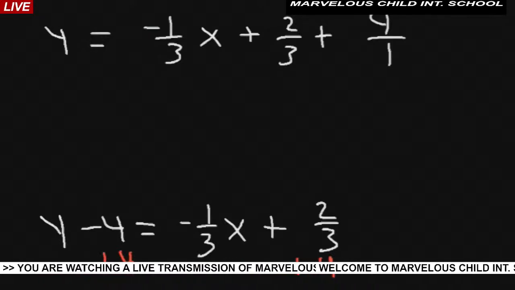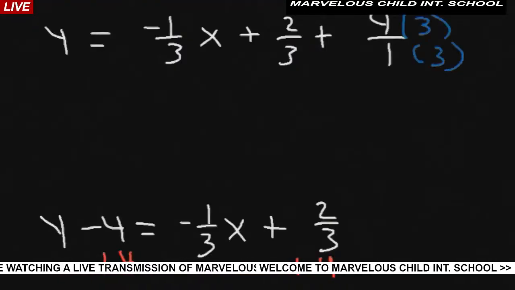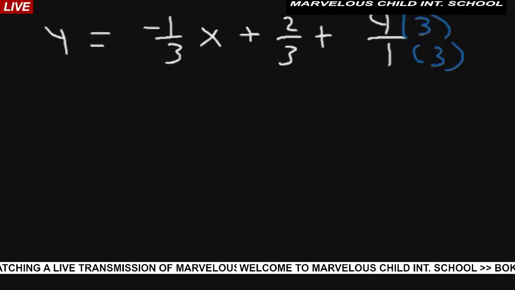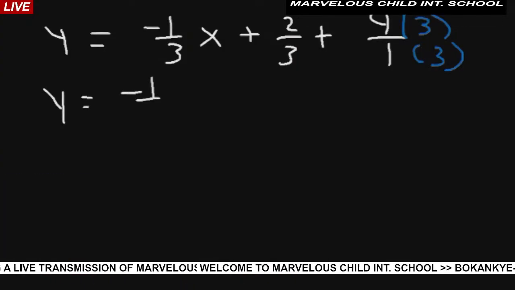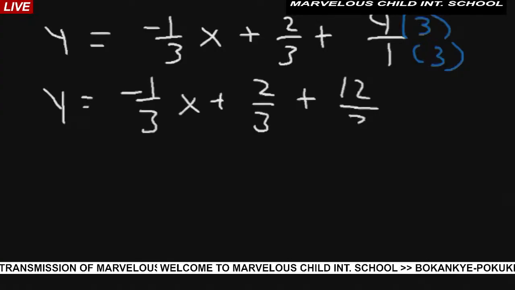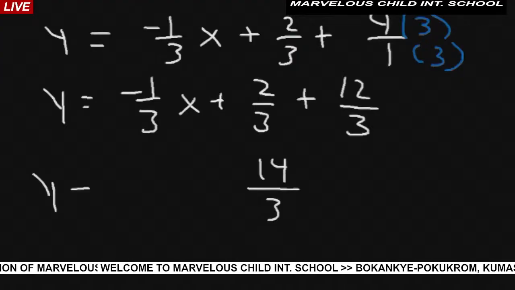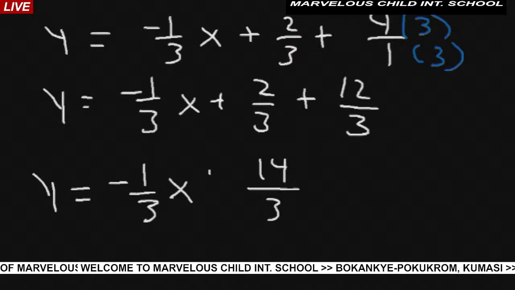To add 2/3 and 4, we need common denominators. So let's multiply 4 by 3 over 3. 4 times 3 is 12. So 2/3 plus 12/3, 2 and 12 is 14. So this is the final answer in slope-intercept form.